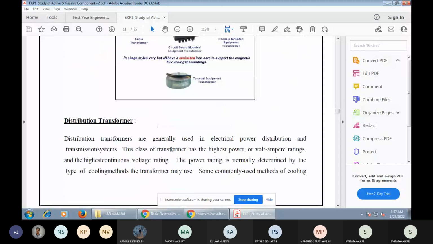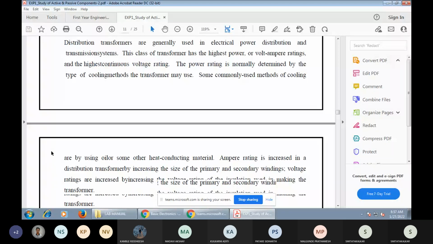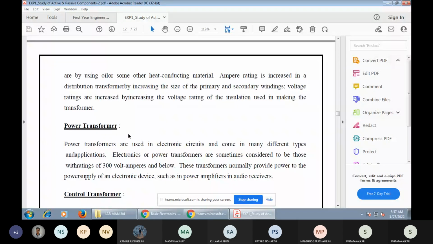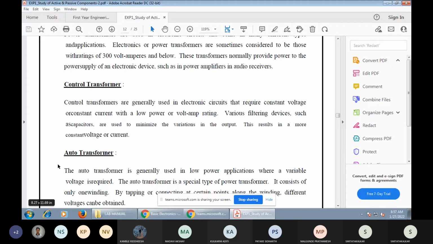Then the distribution transformer. Distribution transformers are generally used in electrical power distribution and transmission systems. These are all the types: distribution transformer, power transformer, control transformer, auto transformer. These are all theory, so you go through that.